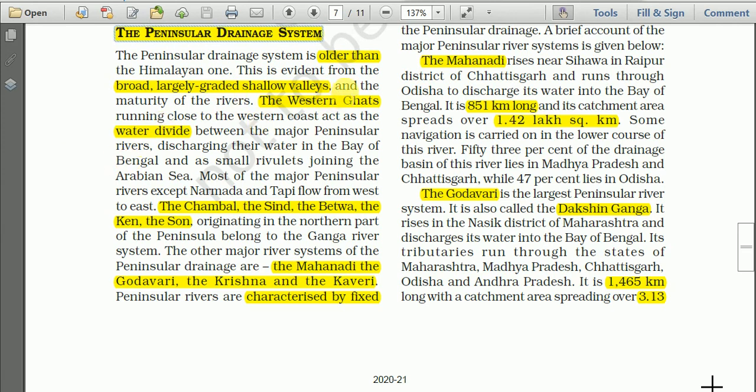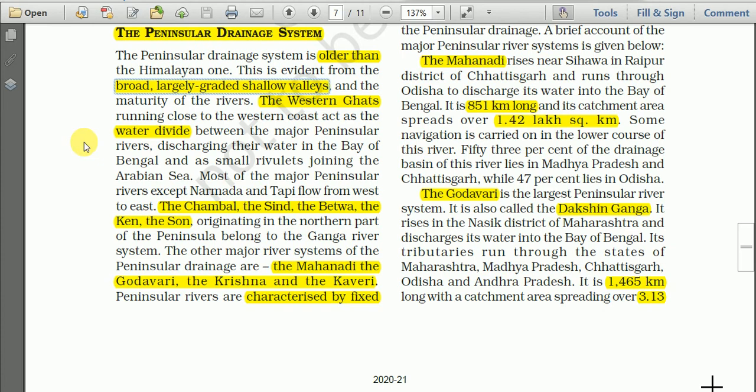The Peninsular Drainage System is older than the Himalayan one. This is evident from the broad, largely graded shallow valleys and maturity of the rivers. Actually, the comparison between the Himalayan drainage system and the Peninsular drainage system we shall discuss in detail later on.